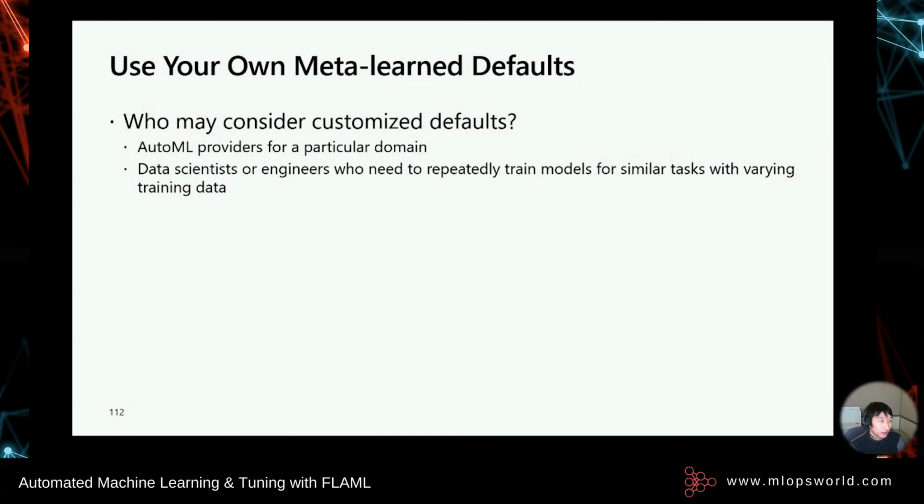This customization ability is intended for those who would like to build their own meta-learned defaults. For example, AutoML providers for a particular domain, or data scientists or engineers who need to repeatedly train models for similar tasks with varying training data.